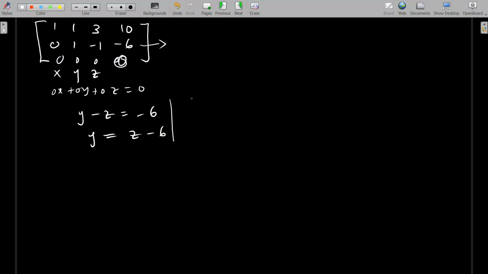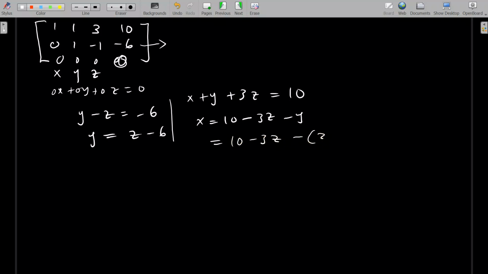And then again, I'm going to have x plus y plus 3z should be equal to 10. And so x is equal to 10 minus 3z minus y. And that's going to be 10 minus 3z minus z minus 6, right? So you're going to have x to be 10 minus 4z plus 6.